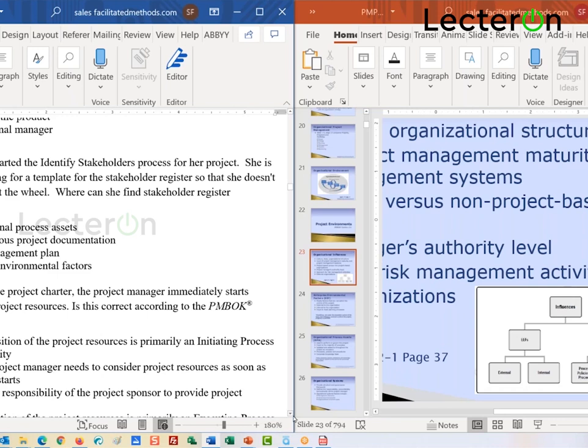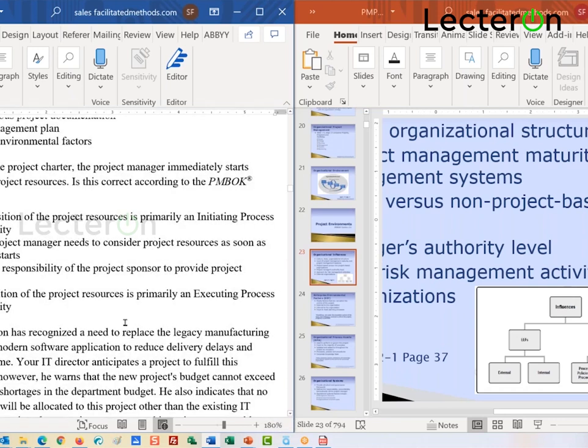Okay, number 6. Once you obtain the charter, the project manager immediately starts acquiring the project resources. Is this correct according to the PMBOK Guide?